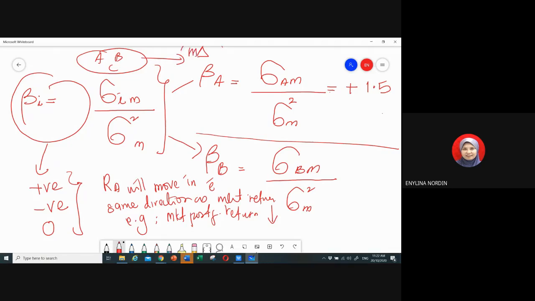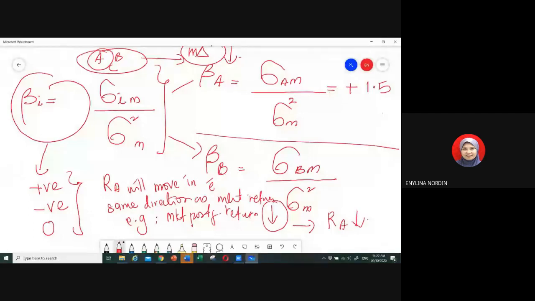Kalau market ni jatuh, berapa return stock A? Macam mana market changes tadi affects returns on stock A? So what happened to return stock A if the market change or drop with a positive beta? So stock A ada positive beta, right? So that means return stock A also decline. So that is what I mean here.